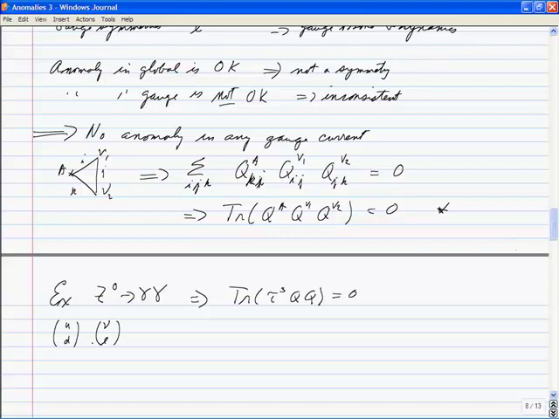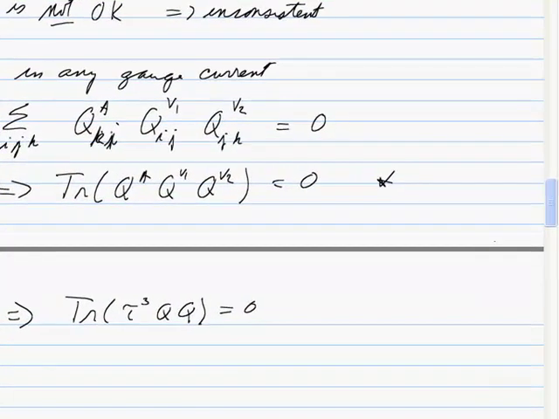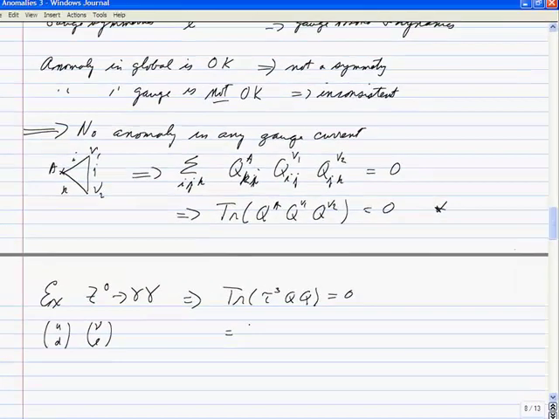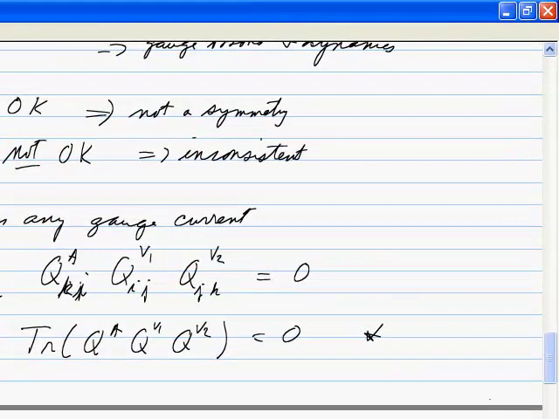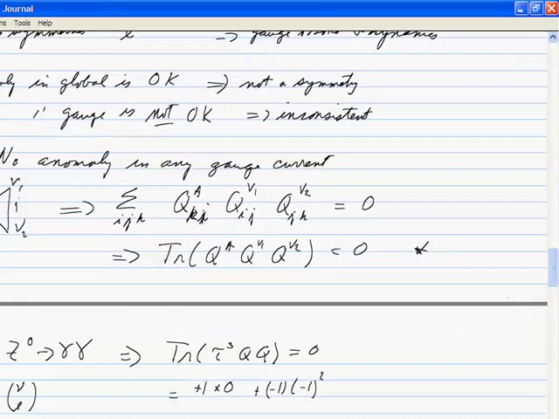So the upper component has tau 3 equal to plus 1. So this gets summed over as the plus 1 is the neutrino times its charge, which is 0, plus the minus 1 component with leptons, the charge is minus 1 squared. That doesn't sum to 0.